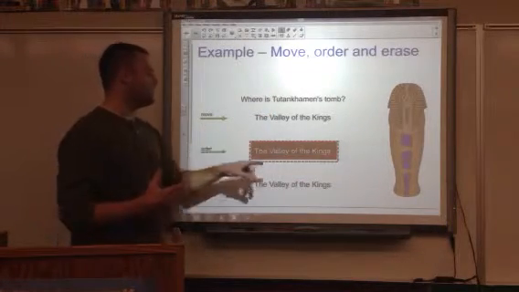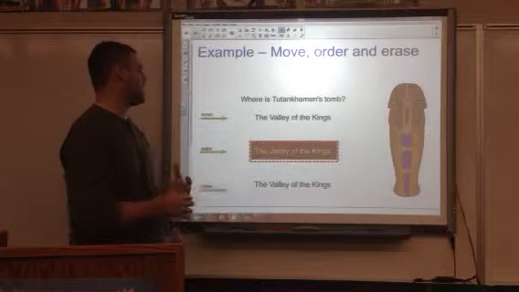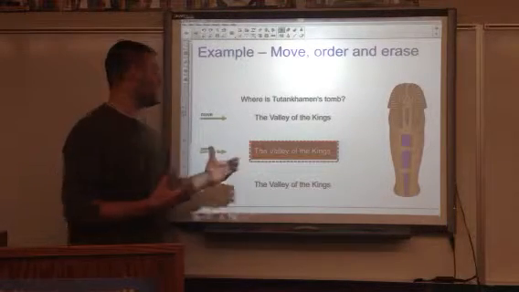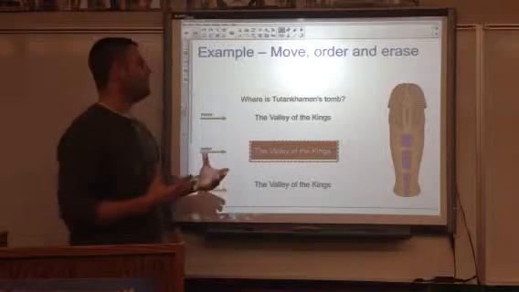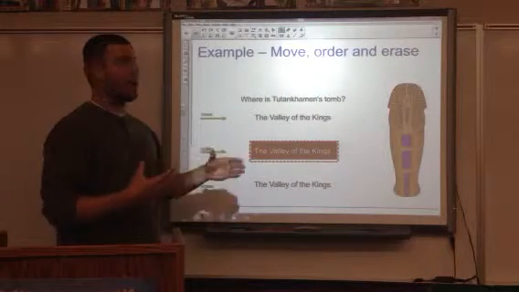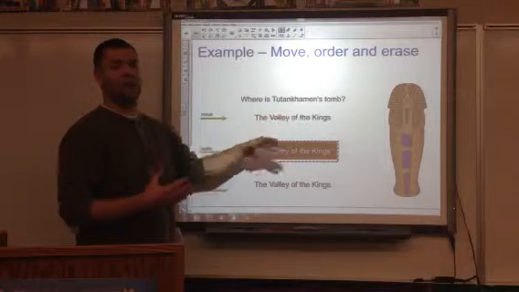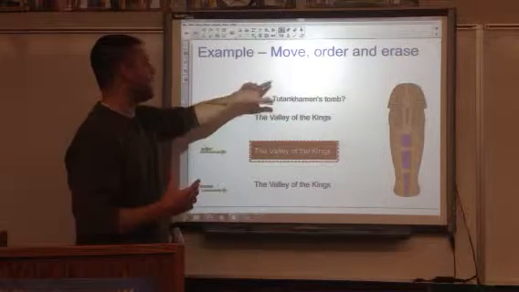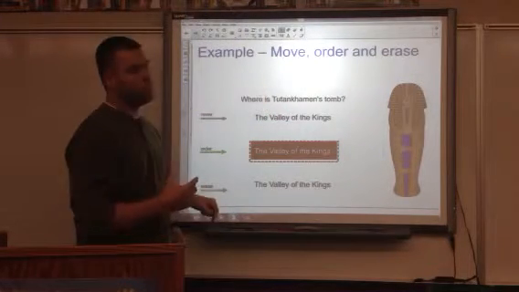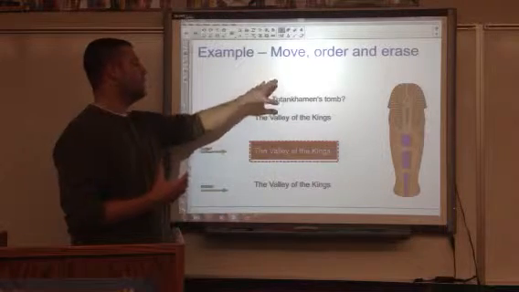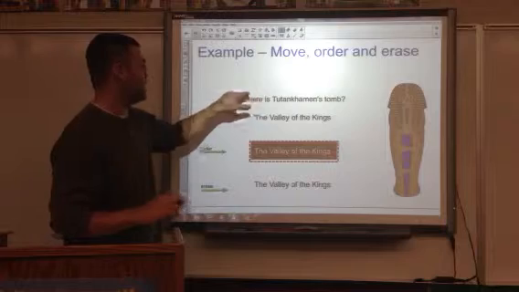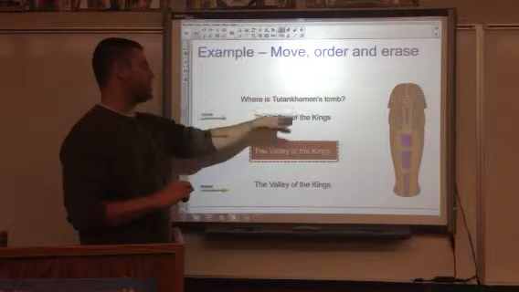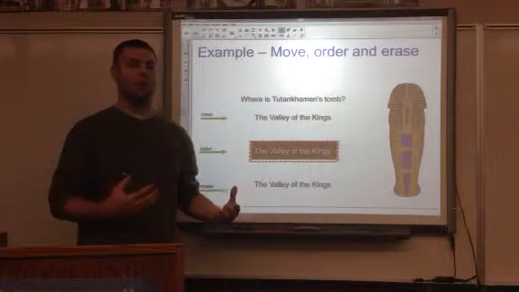So let's take a closer look and talk through the process of setting up a move and reveal. The first thing that we're going to want to do is create a question and an answer. So in order to do that, if you simply double touch on your board there, you can take your keyboard and actually type in your question as well as your answer.